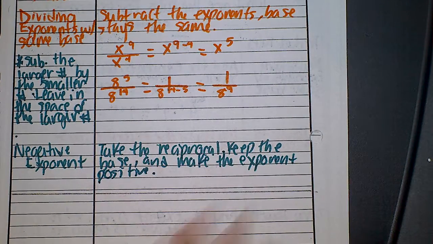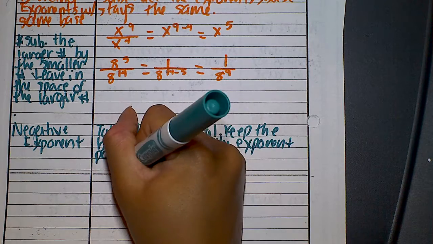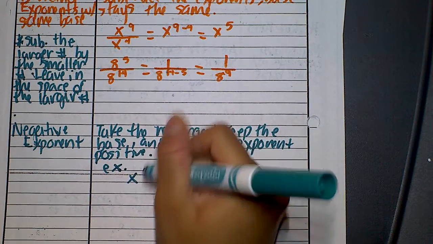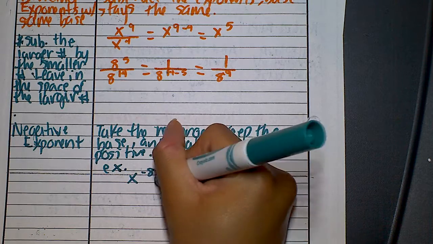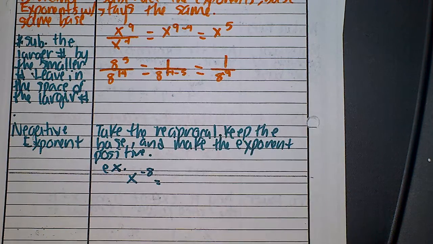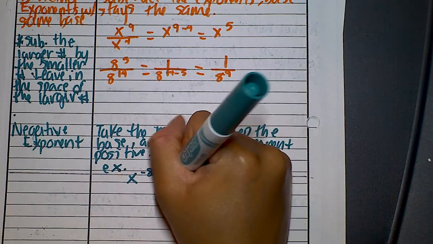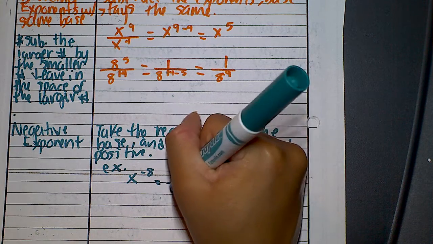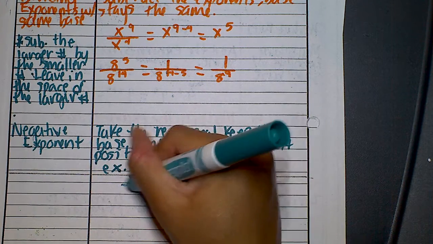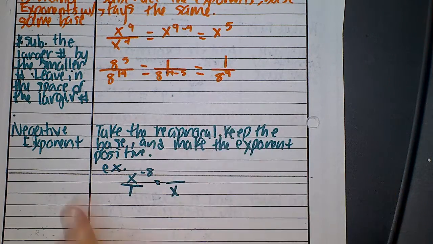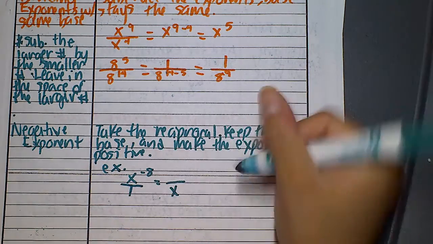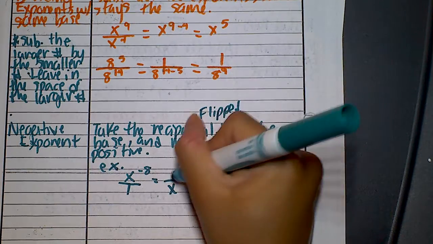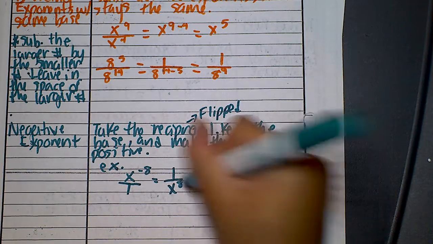So what this means is, say for instance, you're given x to the negative 8 power. You would just find the reciprocal. So you'd do the opposite. So then you put x to the 8th down in the denominator, because right now it's in the numerator. We're going to pretend that this is over 1. So we're going to take the reciprocal, which is just to flip it. So reciprocal is just flipped. So then now the 1 is going to be in our numerator, and now we have x to the positive 8.